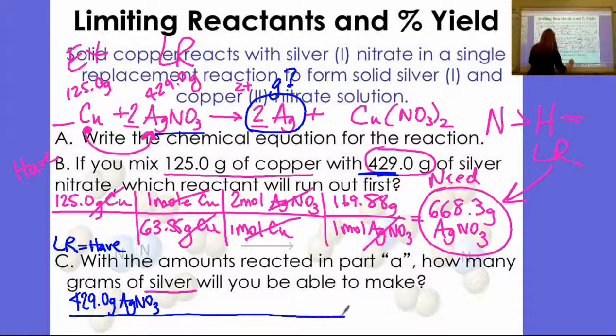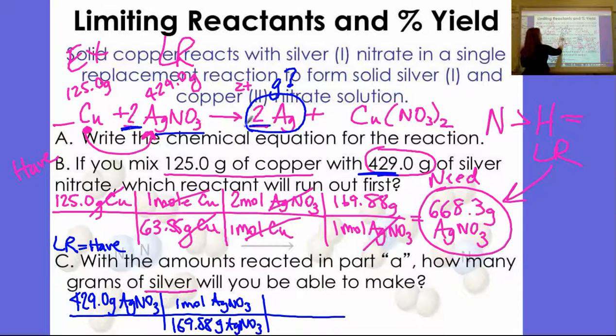I want to calculate that to grams of silver. Again, grams to grams is a 3-step problem. I need the mass of silver nitrate, which I had before as 169.88, and that gets me to 1 mole. This time, my ratio is 2 to 2. 2 moles AgNO3 gives me 2 moles of silver, but I didn't want to be in moles.